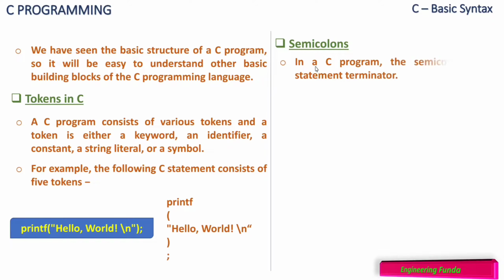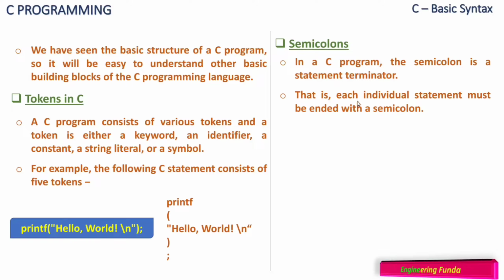Semicolons. In a C program, the semicolon is a statement terminator. So every statement is terminated by a semicolon. That is, each individual statement must end with a semicolon because the compiler understands that the end of the statement is marked by this semicolon.